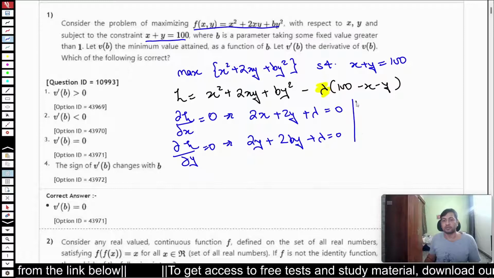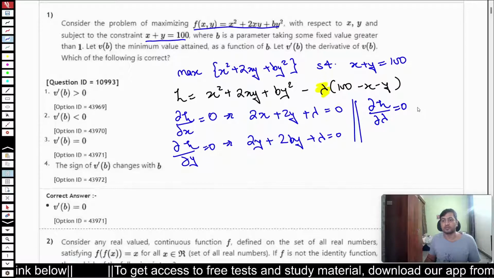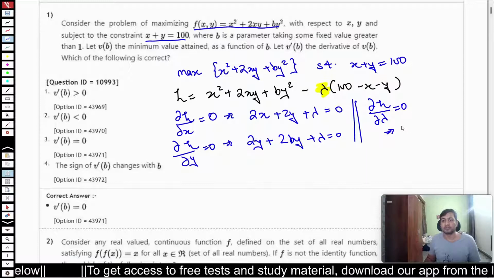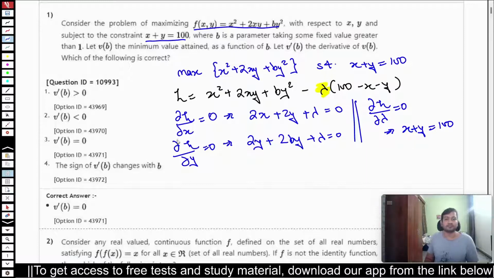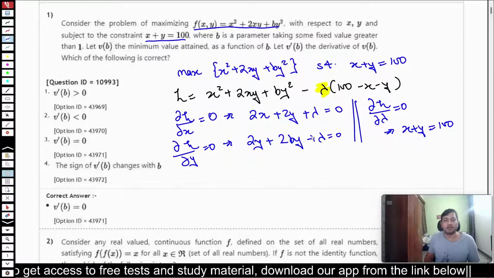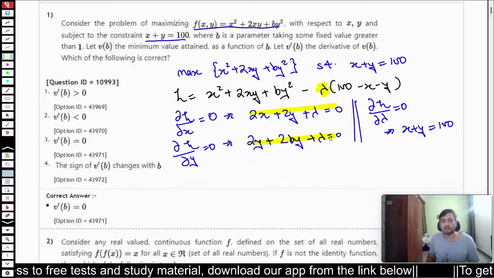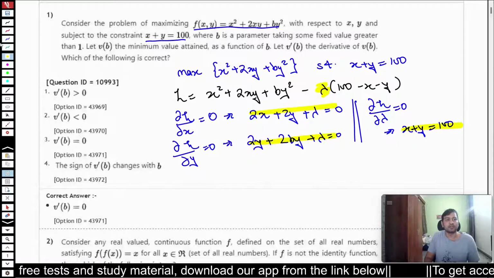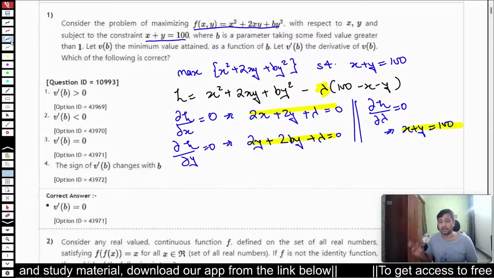And the third equation is del Lagrangian by del lambda equals 0, which just implies that x plus y must be equal to 100. These are my three equations: equation 1, equation 2, and equation 3. I want to solve these three equations simultaneously to get x, y, and lambda.